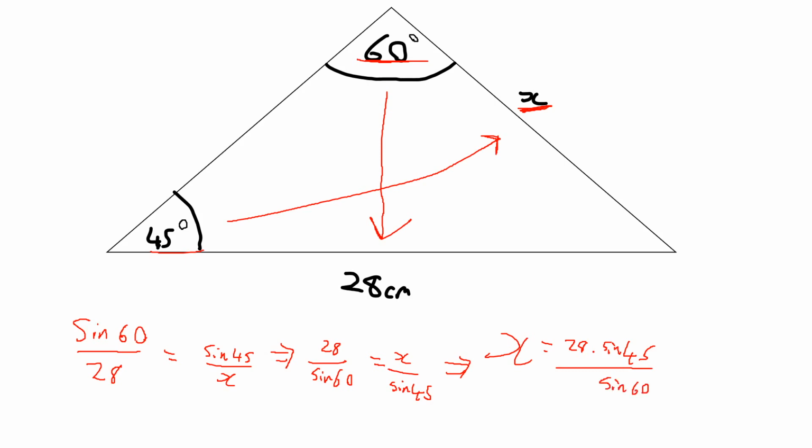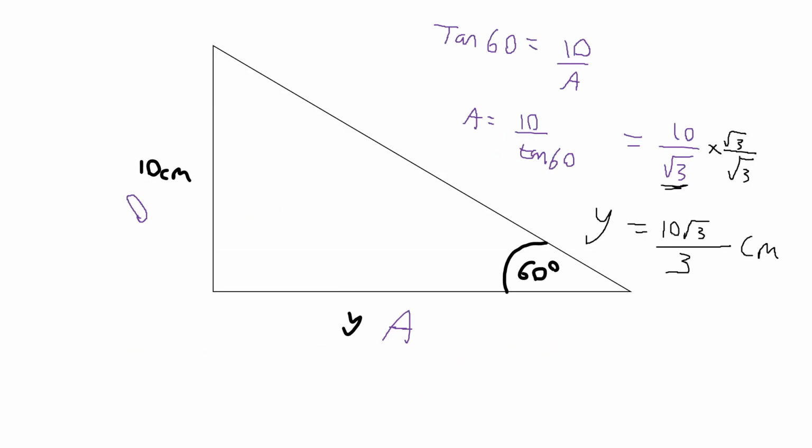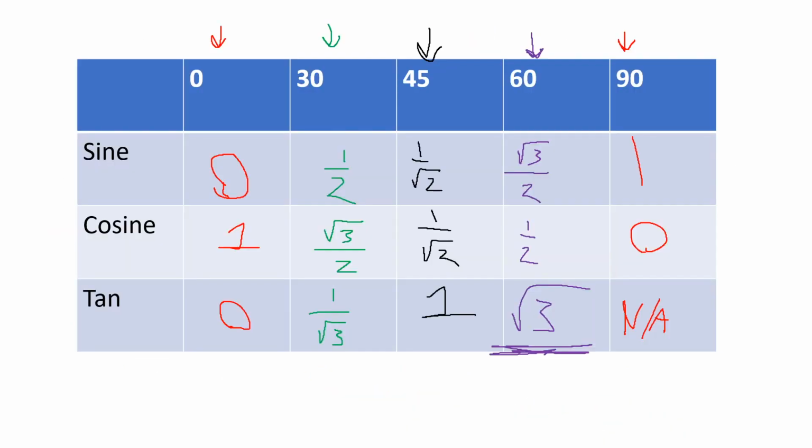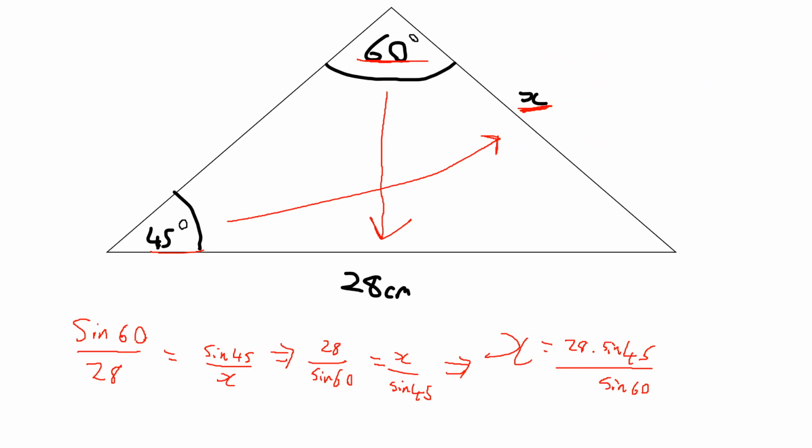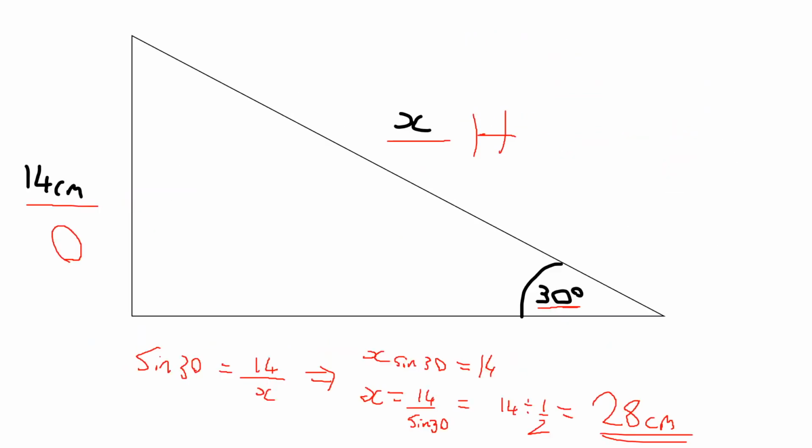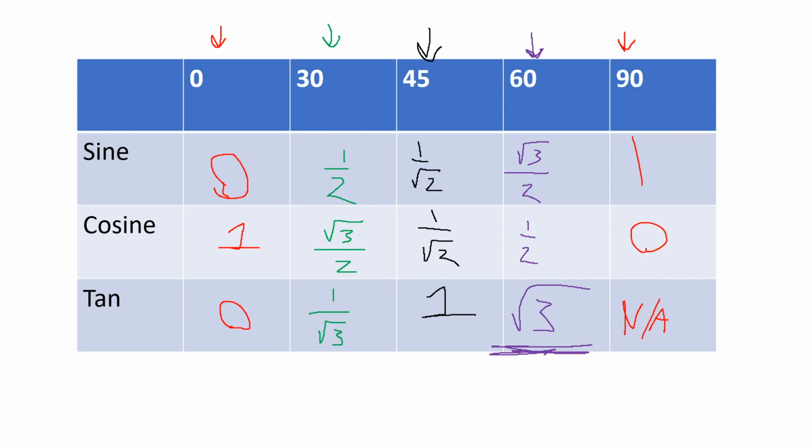So let's do that, shall we? What's sine 45 equal to? Sine 45 is equal to 1 over root 2 or root 2 over 2, whichever one you want to write it. And what else do we have? We got sine 60, which is root 3 over 2.